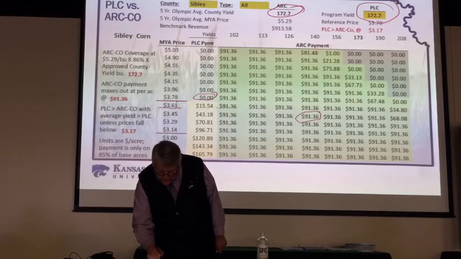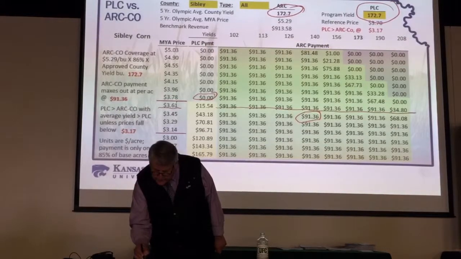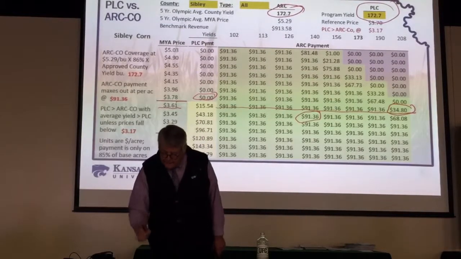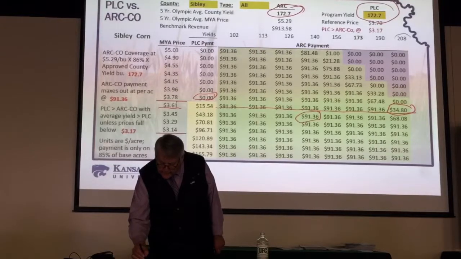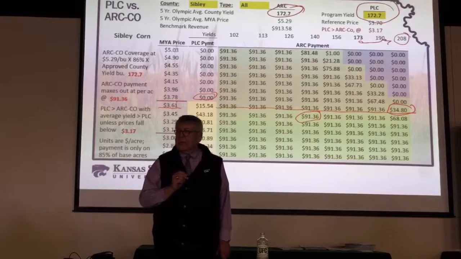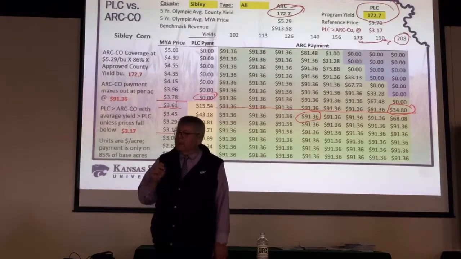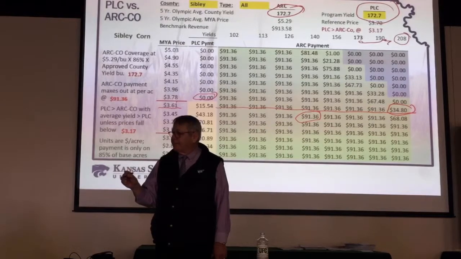As you go across this particular level, over here, we finally have the payments start to drop off in the county. Why is that? That's because we got a county yield that's well above the Olympic average county yield of 173. So a high yield can reduce or eliminate the payment.